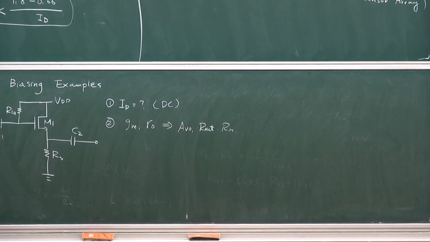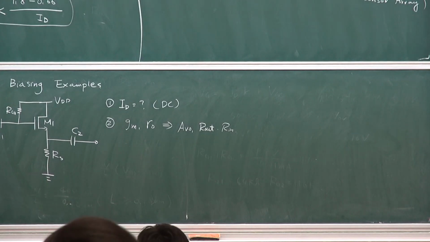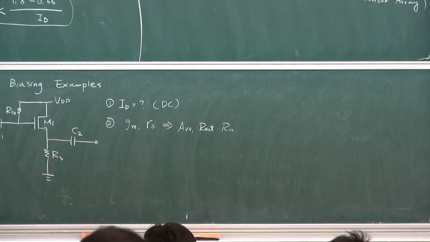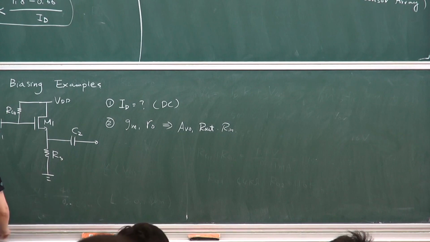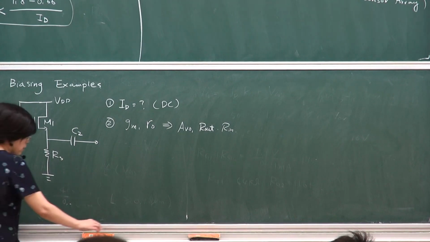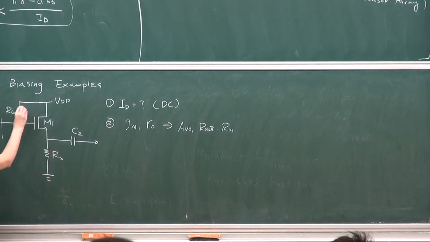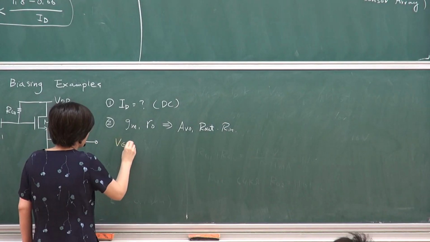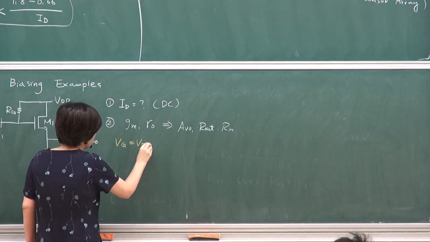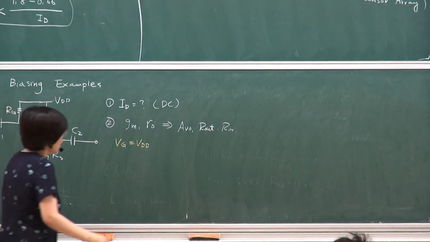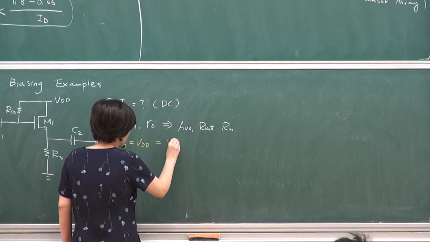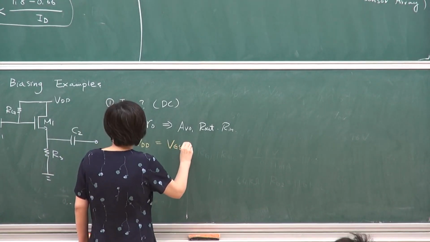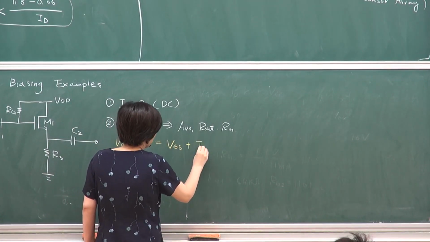So how does one determine the current if you want to analyze the circuit? Basically one equation is this. Because there's no current flow, there's no voltage drop on this, so I know my gate voltage, VG, equals VDD, based on this biasing scheme. And VDD equals VGS plus ID times RS.